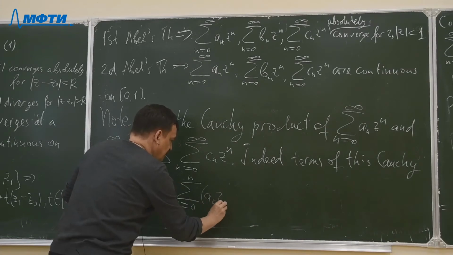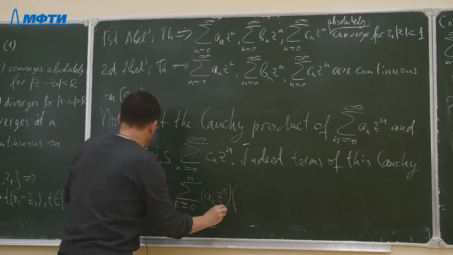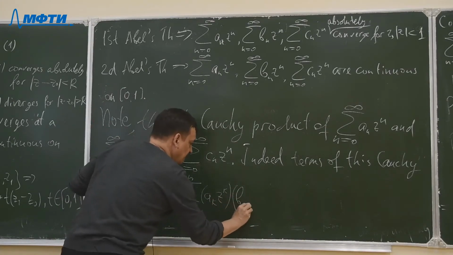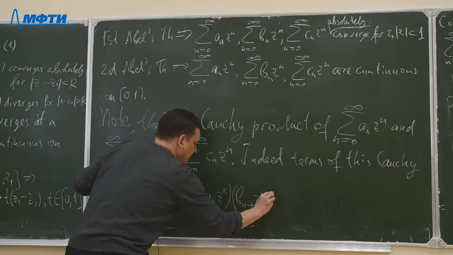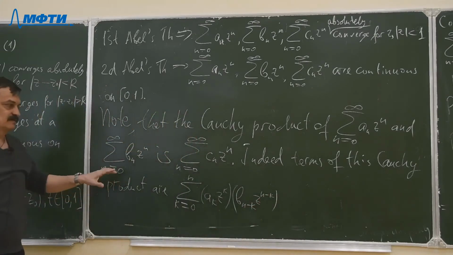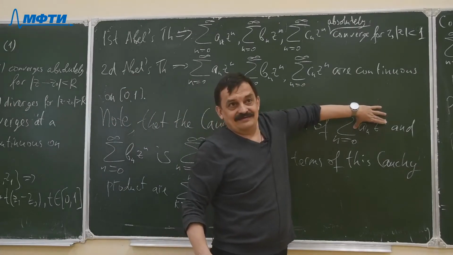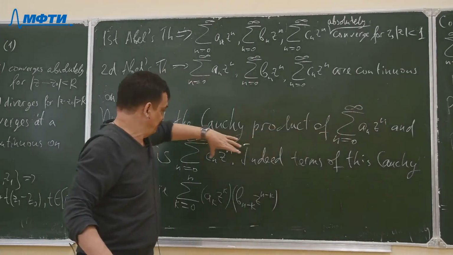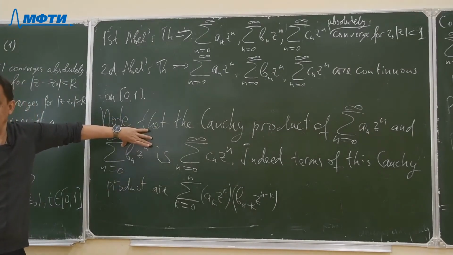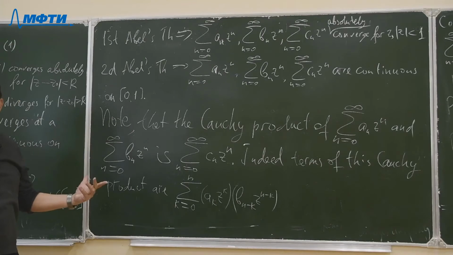So a_k z to the power k times b_{n-k} z to the power n minus k. Look, I took the k-th term from the first and the (n minus k)-th from the second, right? That is precisely the sense of Cauchy product.